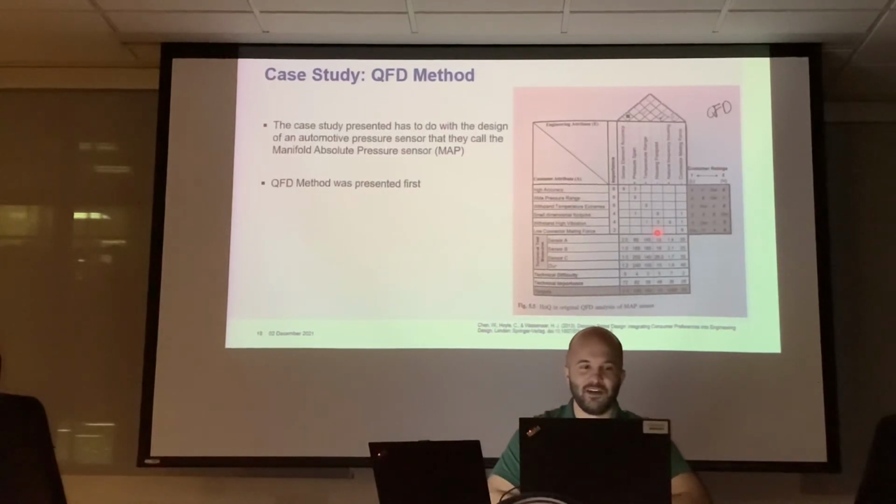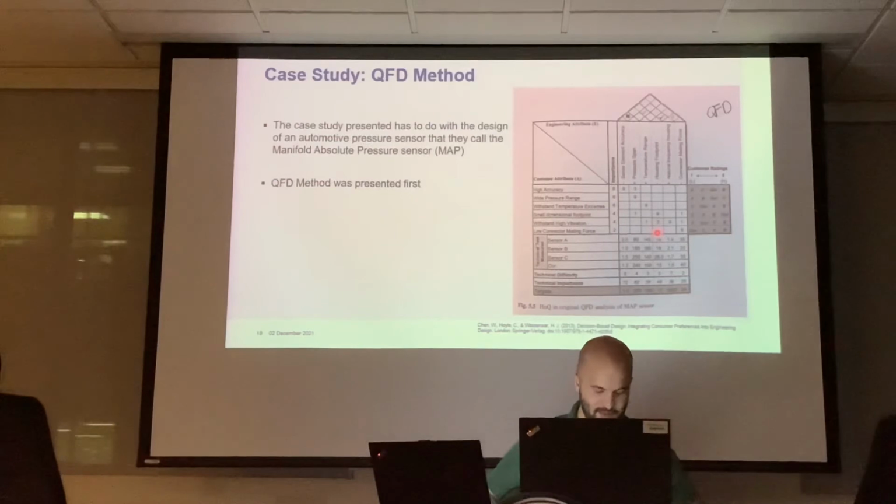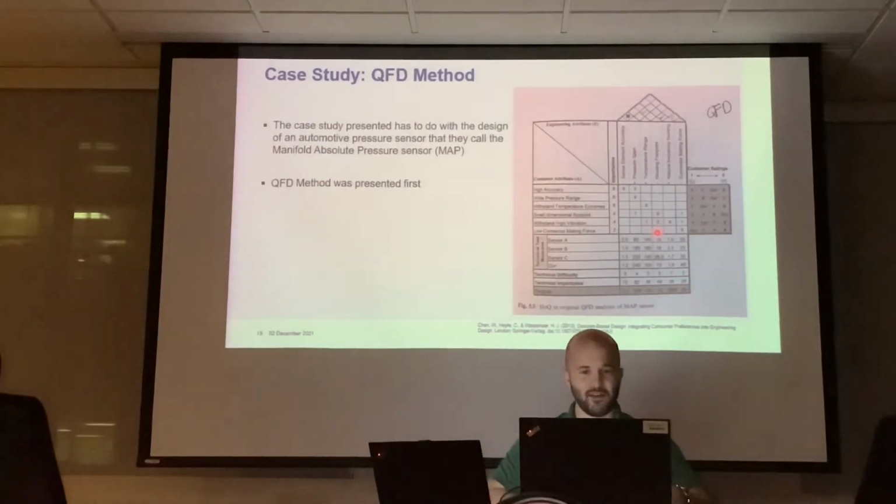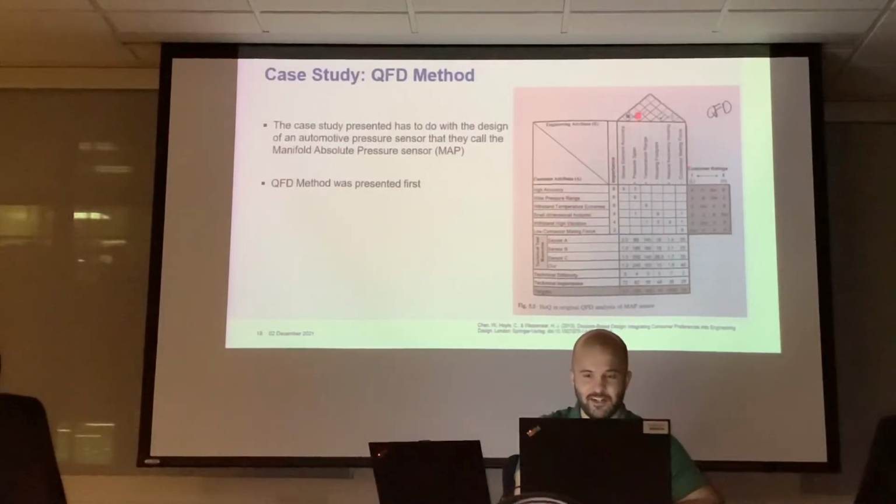So first, the QFD method was presented. Now, QFD method uses a house similar to the PFD method. It uses customer attributes and engineering attributes. It also takes into account a survey of customer ratings between different models.